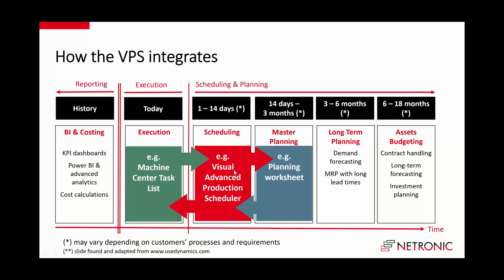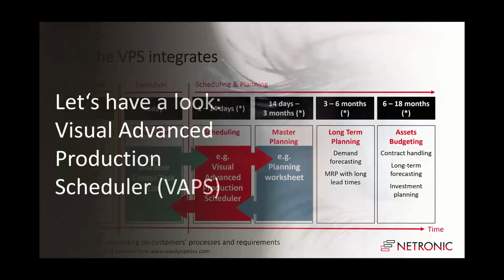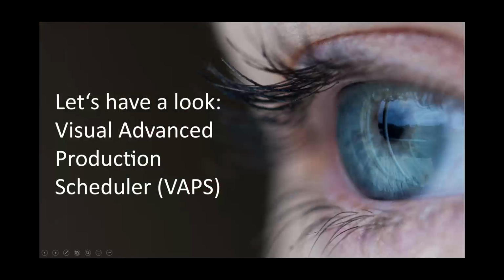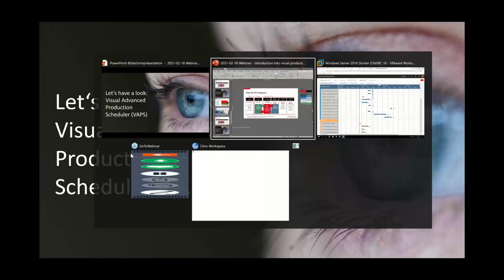So the VAPS knows about the planning worksheet and the planning worksheet knows about the VAPS. So with this, we can really establish a cycle of planning, scheduling, executing, planning, scheduling, executing, or whatever the iterations are. And we can have a brief look at the VAPS as well.